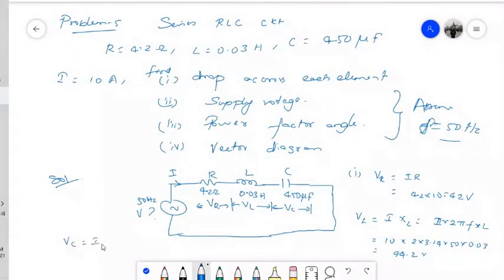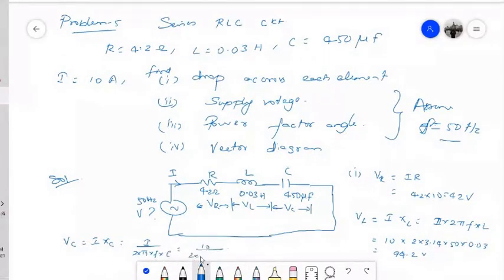In the same way, you can find VC. VC is nothing but I into XC, and you know that XC is 1 divided by omega C, so that is I divided by, so how much?